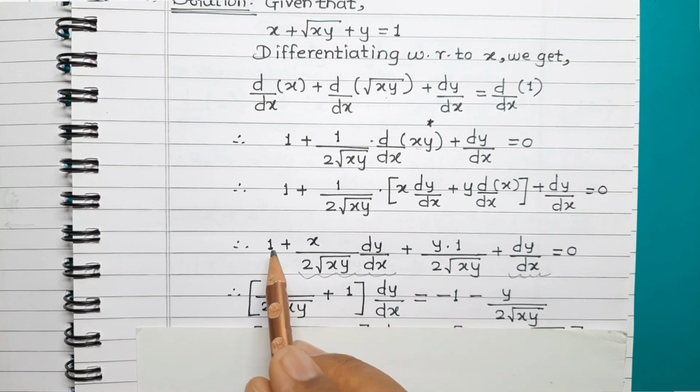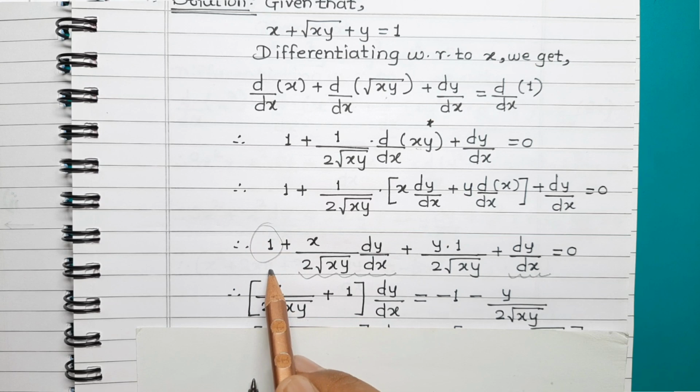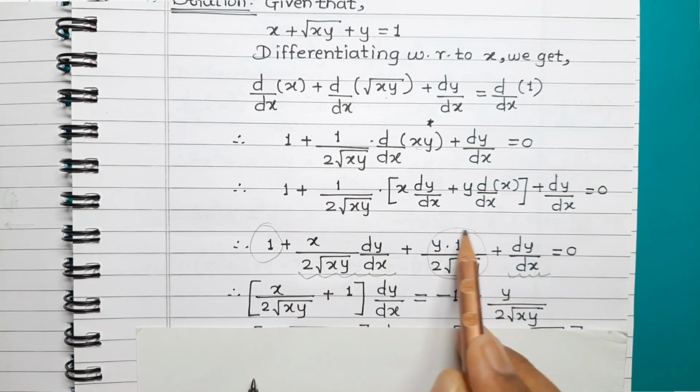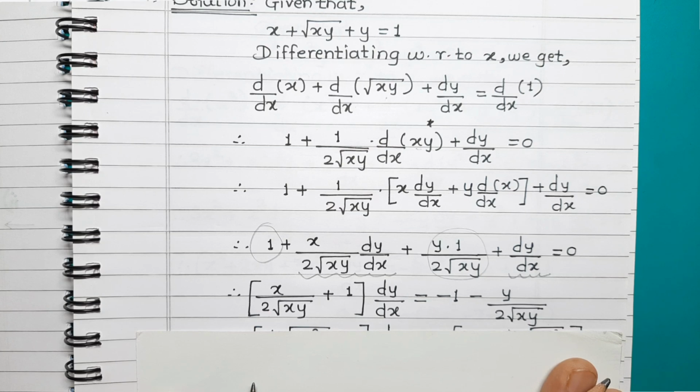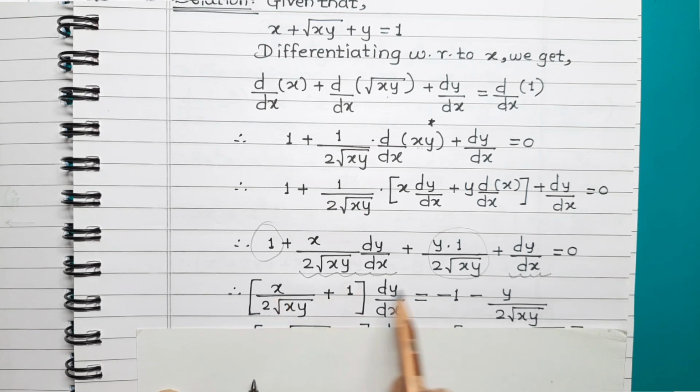And now let's shift this term which does not contain term dy by dx and this term on RHS. Okay, so minus 1 minus y upon 2 root xy at RHS. Now to the next step, let's simplify this bracket and these two terms.